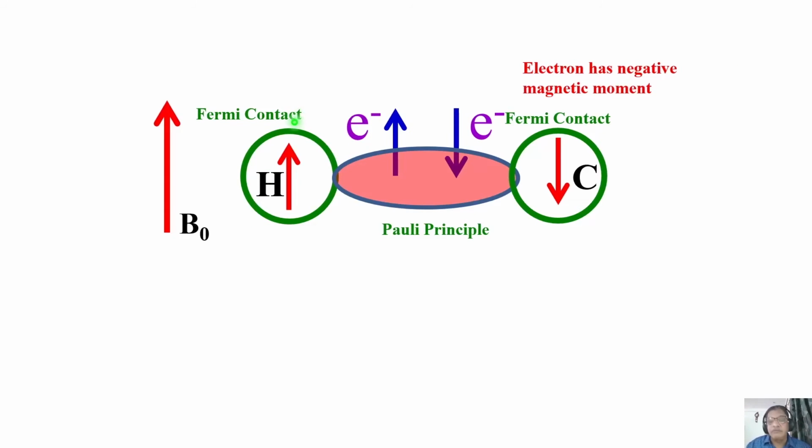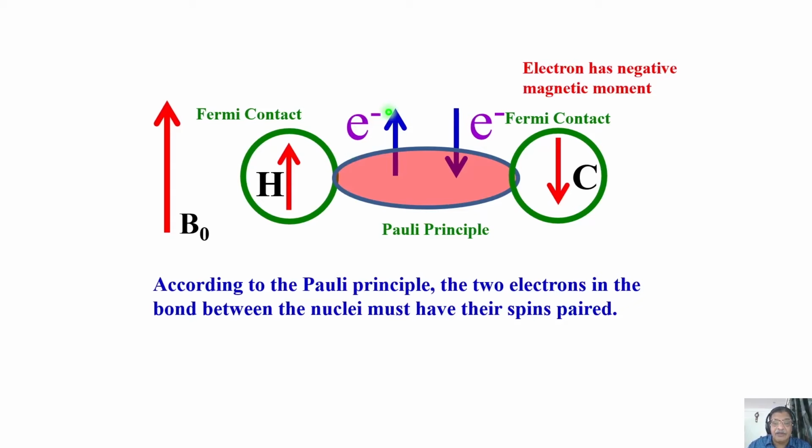Now what is the next one? Look at the other electron, the bonding electron. There are two electrons in the sigma bond. Now you understand the Pauli principle. What does the Pauli principle say? These two electrons should be paired. The two bonding electrons between these two must be paired.